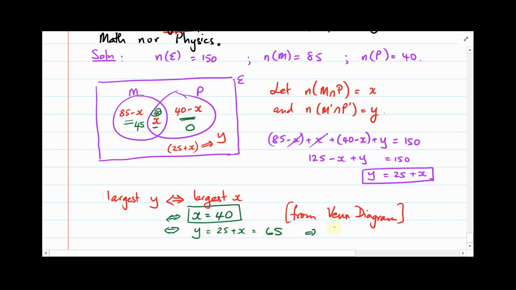This means that at most 65 students would not take math or physics. So that's a twist that we can have when we are giving you these problems.